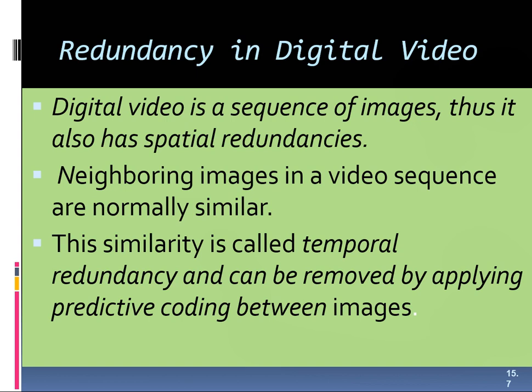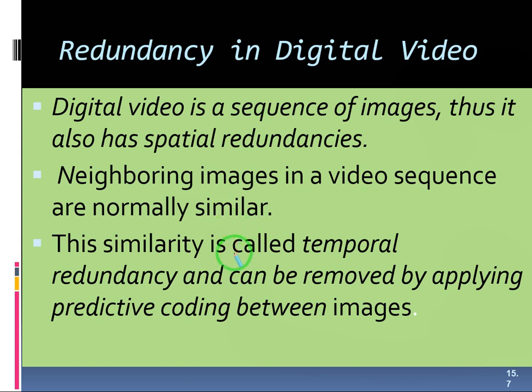Redundancy in video. We have studied audio and image, and now it is time for digital video. A digital video is a sequence of images, so it also has spatial redundancy. Neighboring images in a video sequence are normally similar.